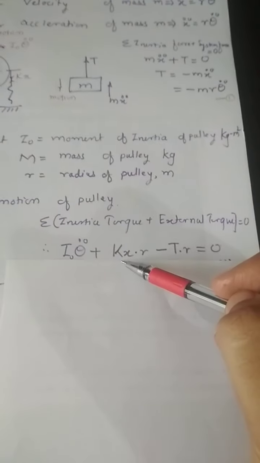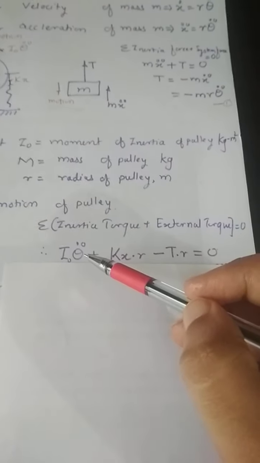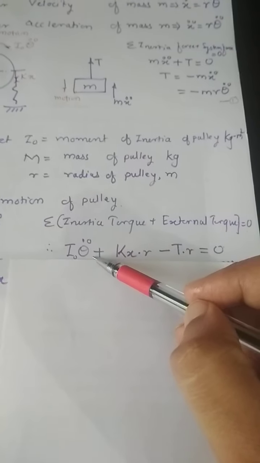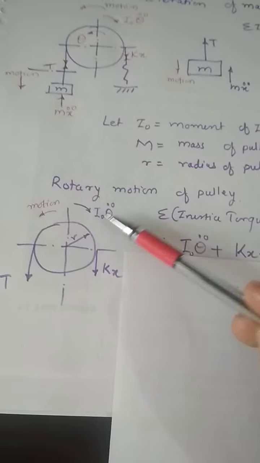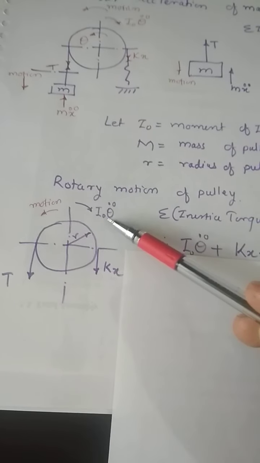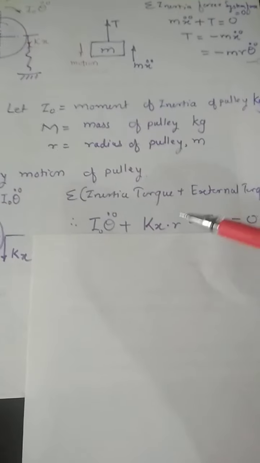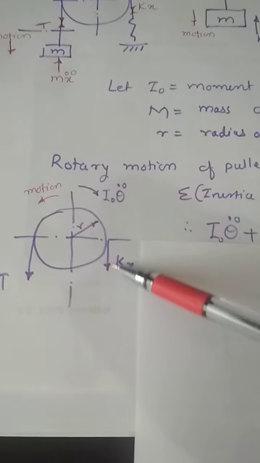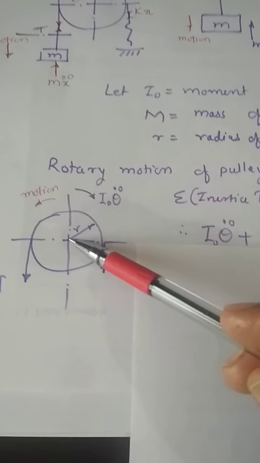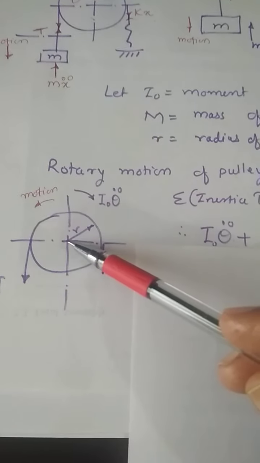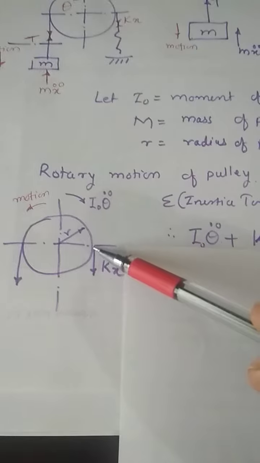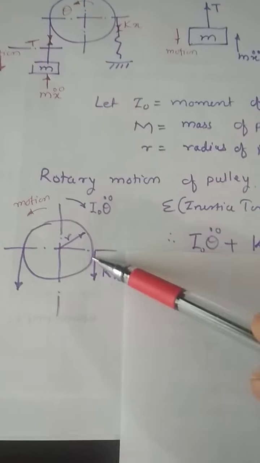I am taking the clockwise motion as a positive motion. So here I theta double dot is clockwise, so I consider it as positive. Then the kx, this kx moving like this, into r, that will be the torque applied on the pulley, and I am considering that as positive.